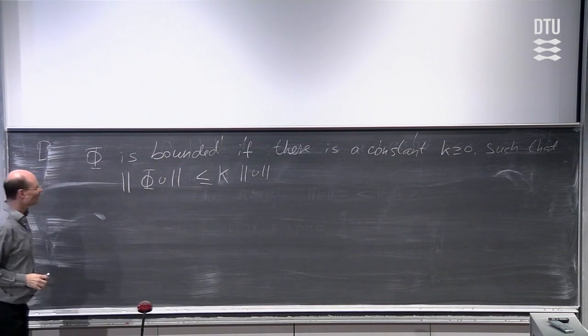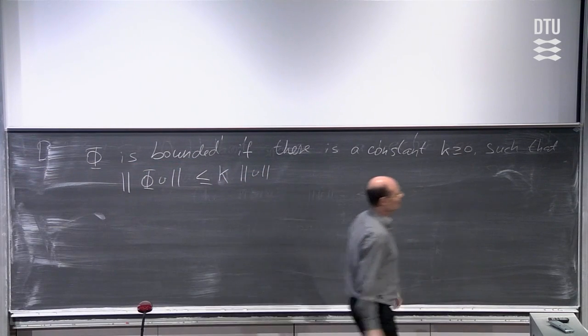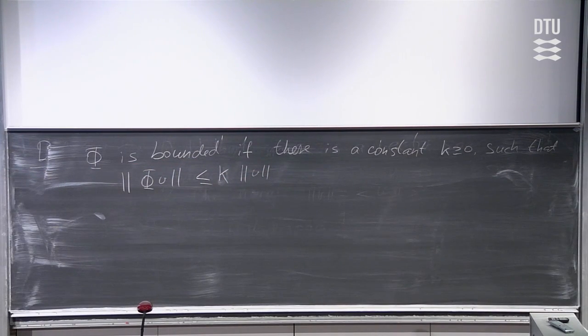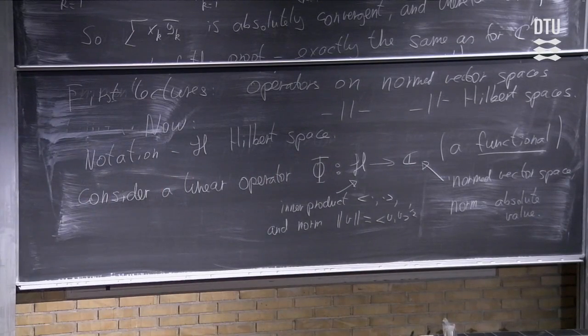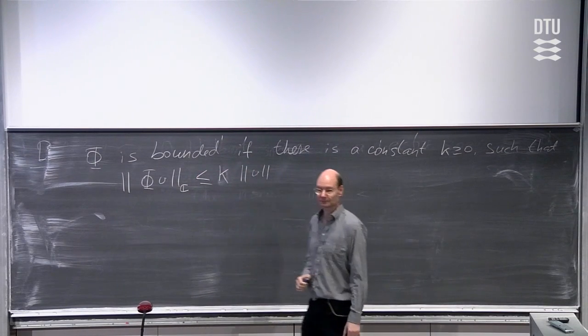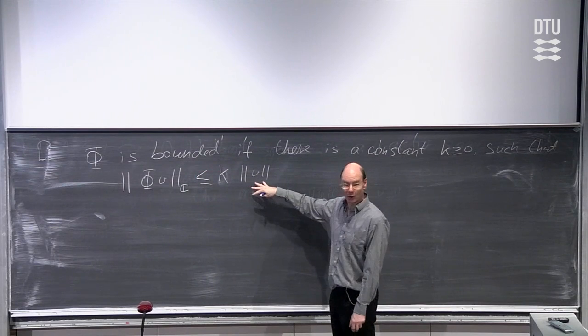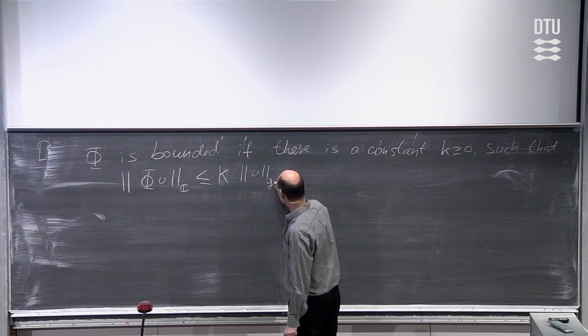But let's be careful with the spaces we are dealing with. Phi of v is something that is sitting in the complex numbers. So this means that the norm we have here is the norm of the complex numbers. This is the norm in the Hilbert space. So this is with an index H.